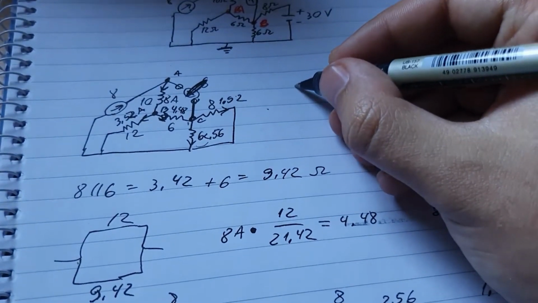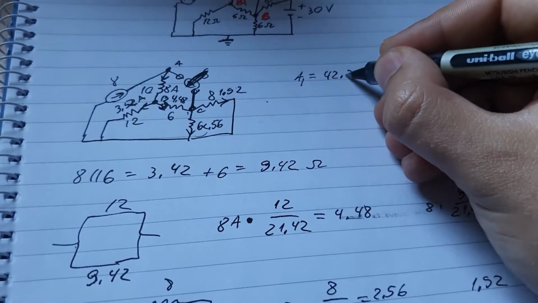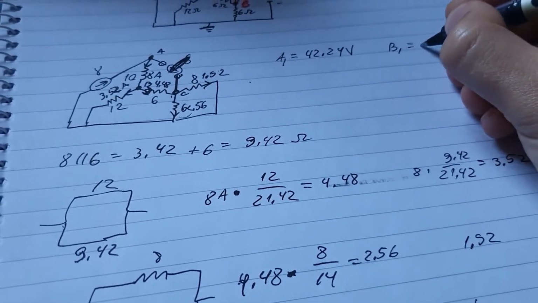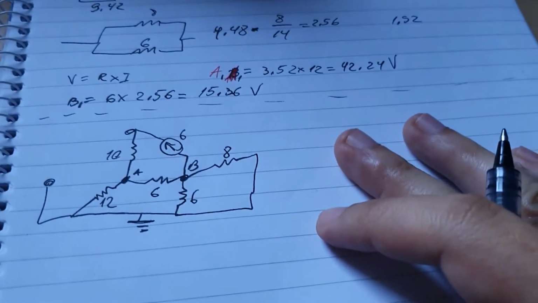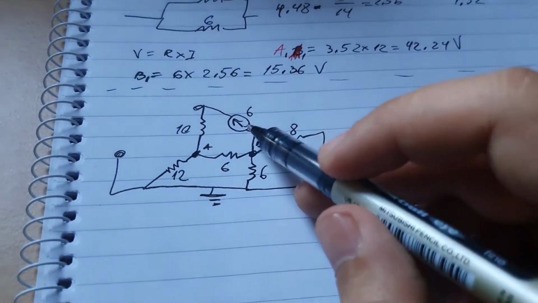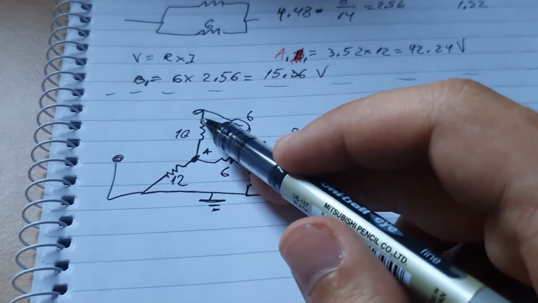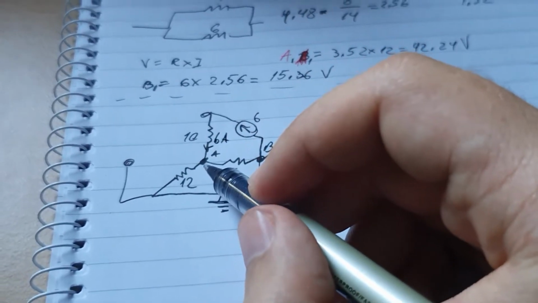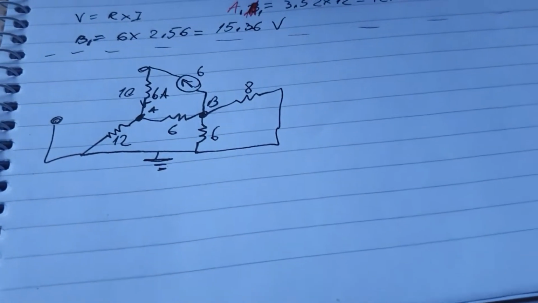Let's write them down here as well. So A1 is equal to 42.24 volts. Then B1 is equal to 15.36 volts. Okay, let's see. So there's nothing, therefore the current goes up here, it goes to here, so this one will be 6 amps again, and then it will have to split again, and I think it uses the same values, doesn't it?